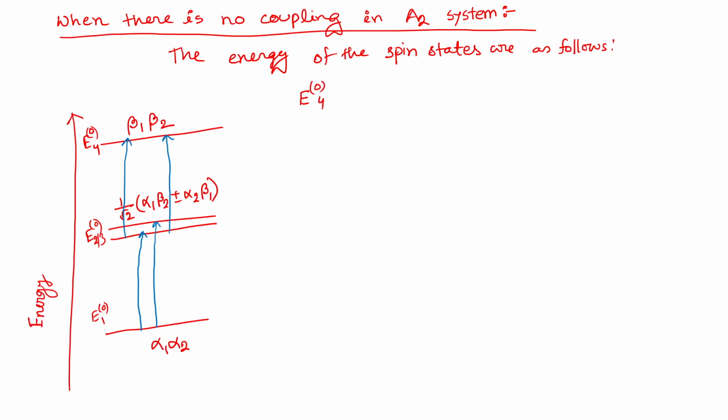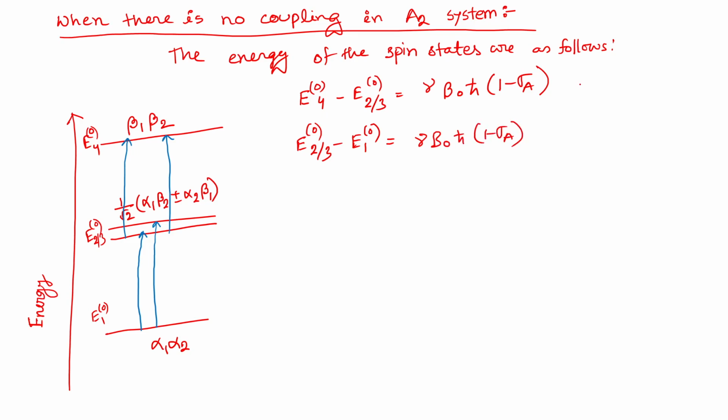that E04 minus E030, you are going to see, as this is 0, is going to give you a value of gamma B0 h cut 1 minus sigma A. Similarly, when you look for the energy gap between these two, E3 minus E10, you are going to get the same value, which is actually equal to this.